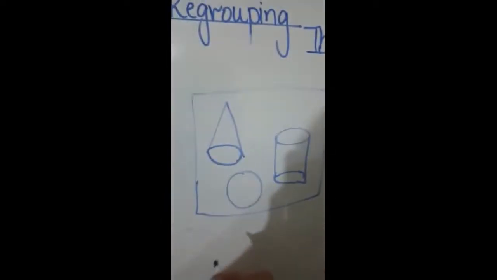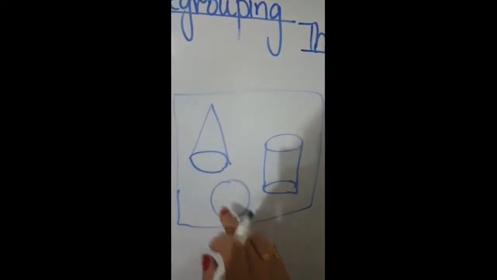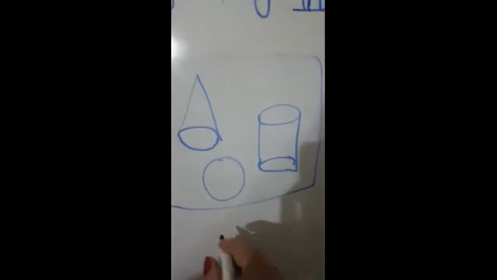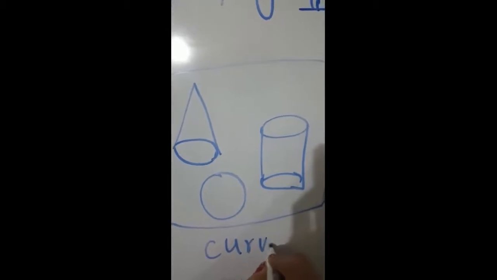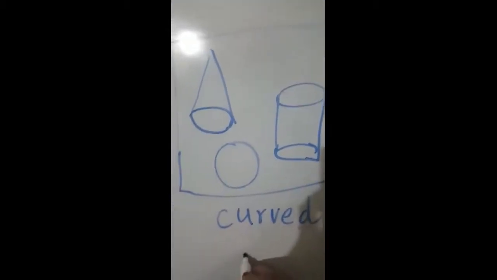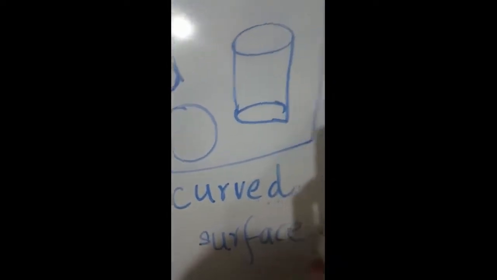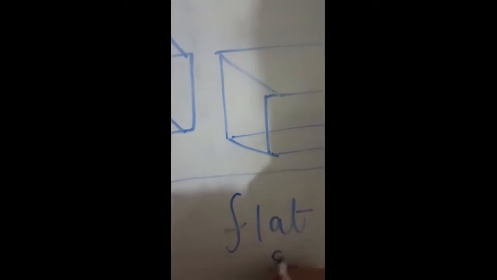Now how did I make these groups? These three shapes have curved surfaces, so we can roll them easily. So I made a group on the basis of curved surface. And here I made it flat surface. Is that clear?